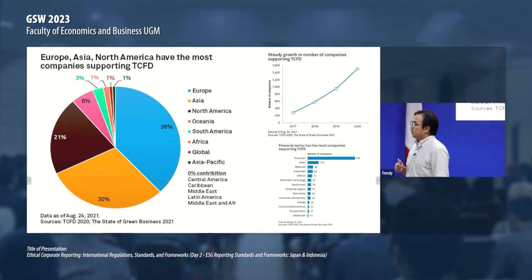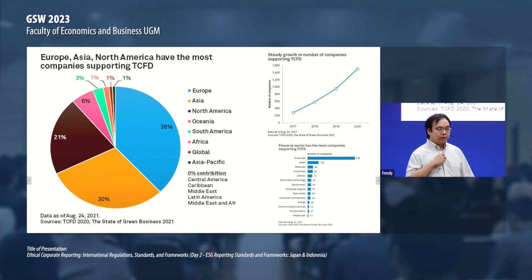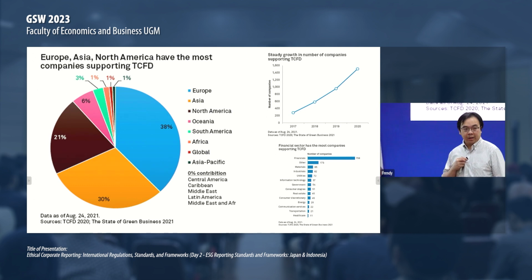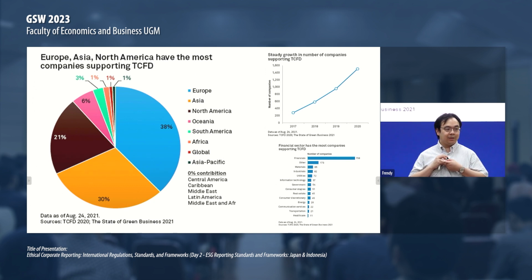Okay. So let's look at current statistics on the usage of TCFD. Okay. So which part of the world applies TCFD at the moment? As you can see from the blue part, it's Europe. Okay.